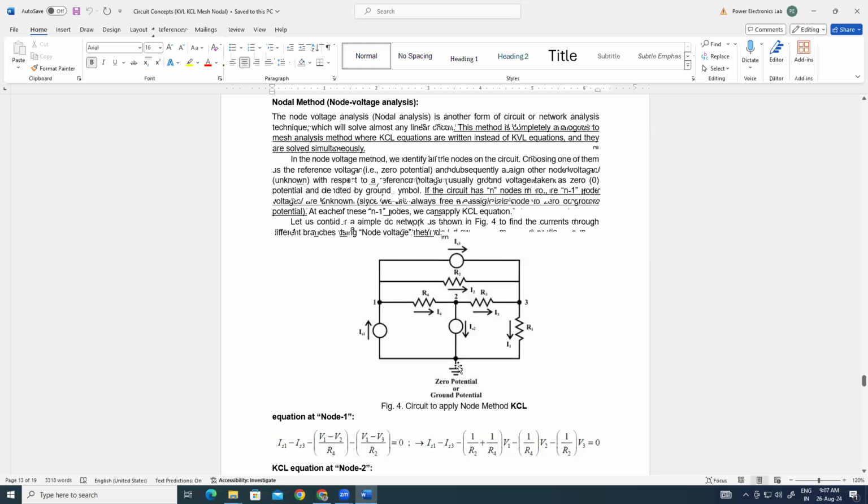So to simplify the problem and to write the KCL equations in the node method in a simpler way, we take the reference node as the bottom side of this circuit.